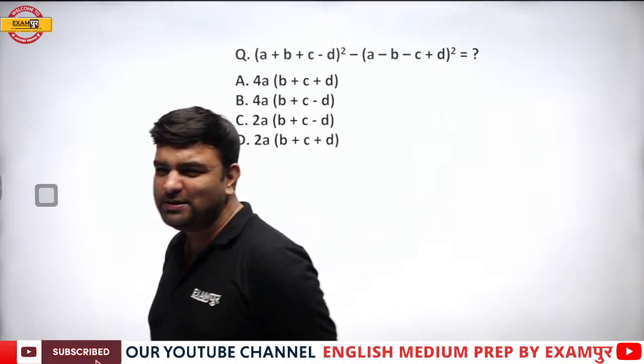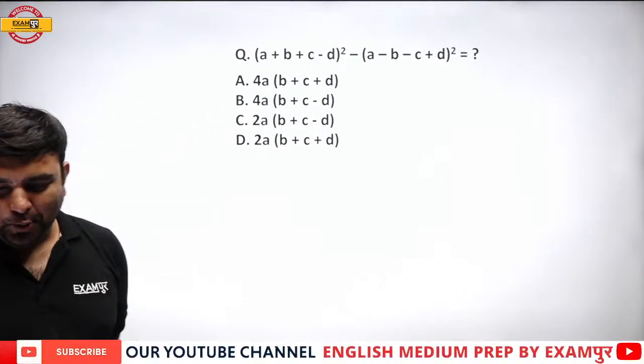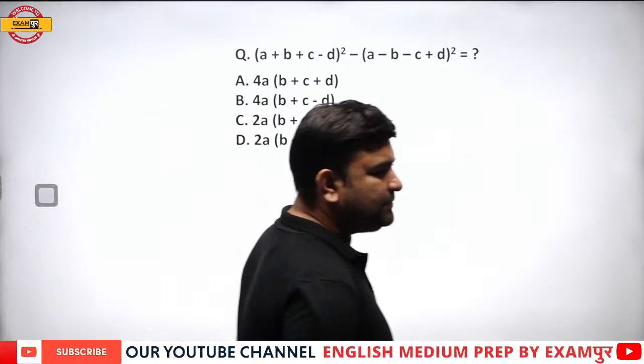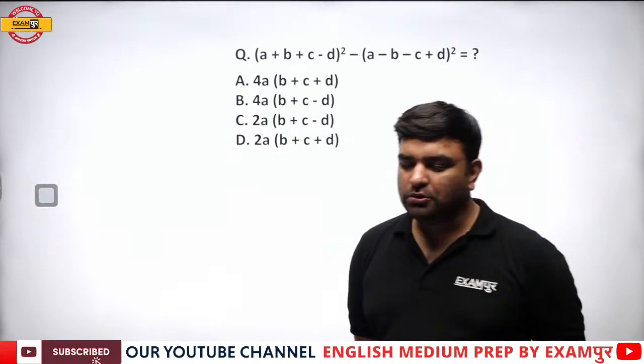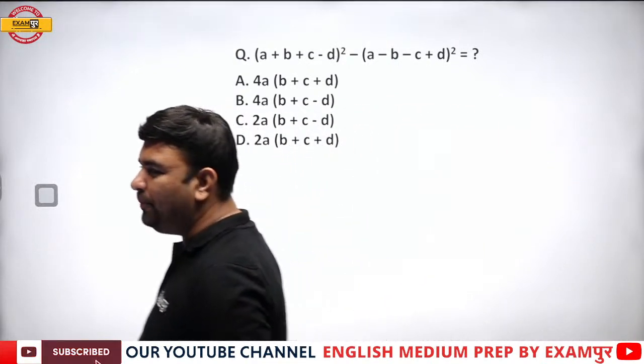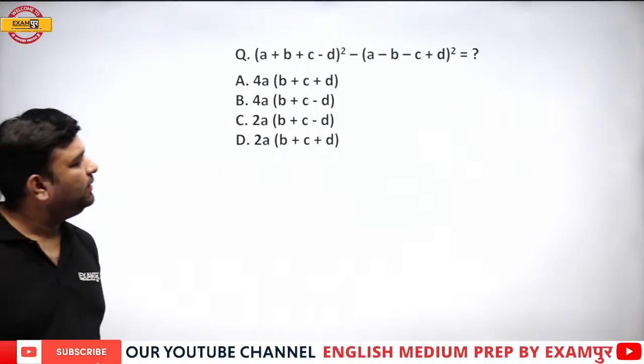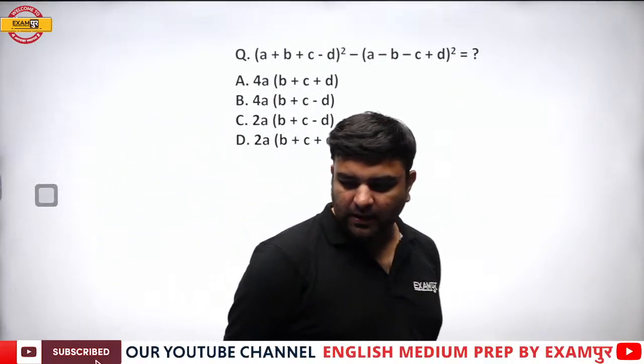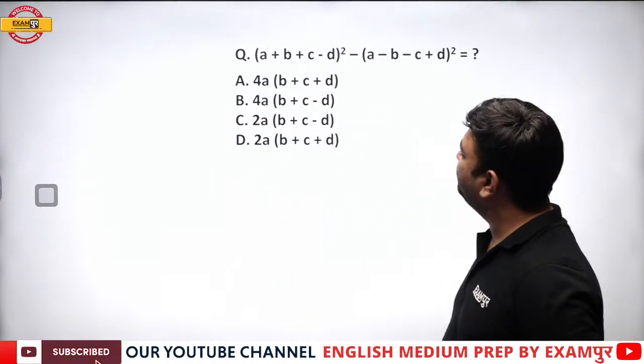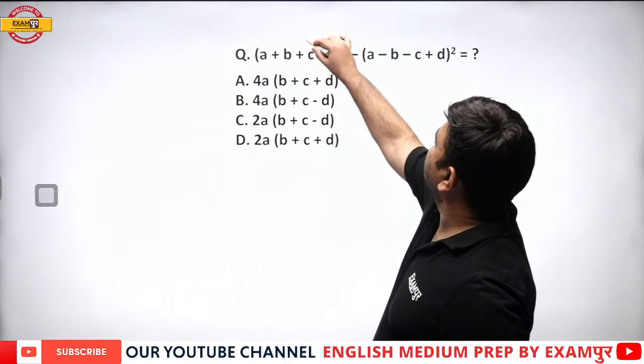Why not do a plus b, a minus b? Yeah, I can put the values as well, but even we can do a plus b, a minus b as well. Yeah, no issues. So what is the sum of these two?